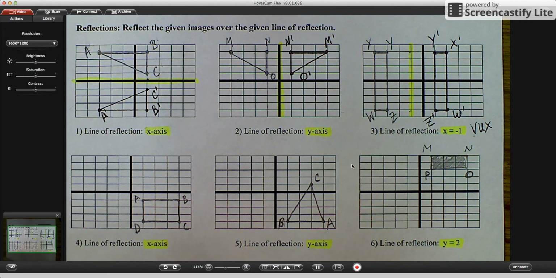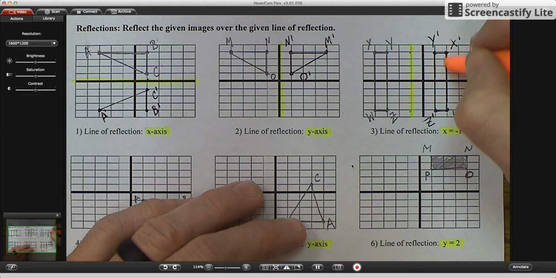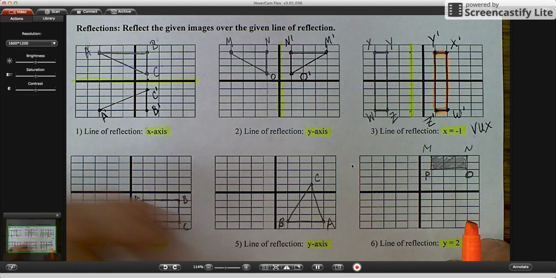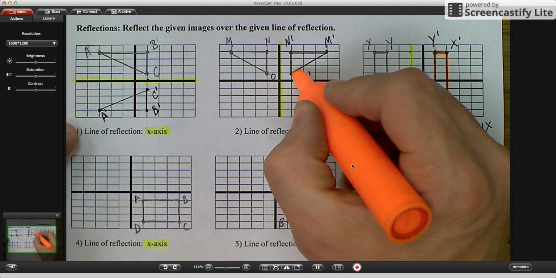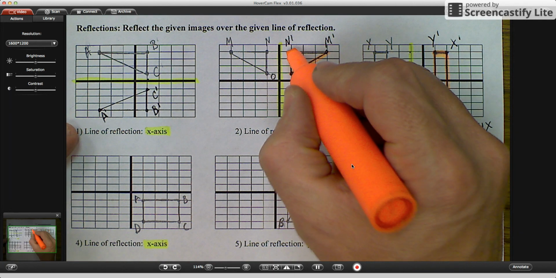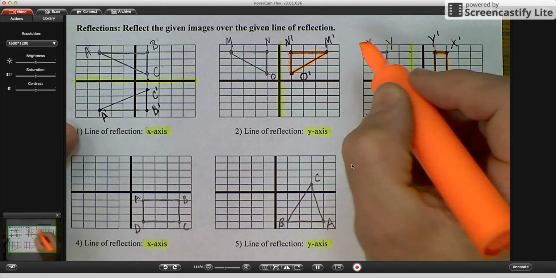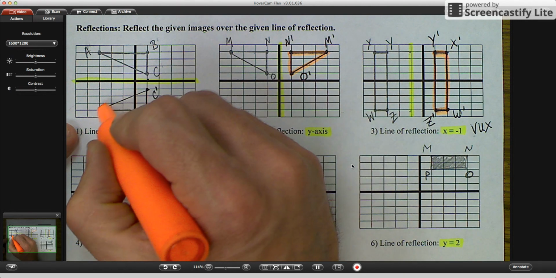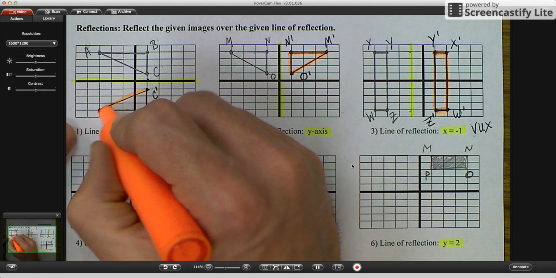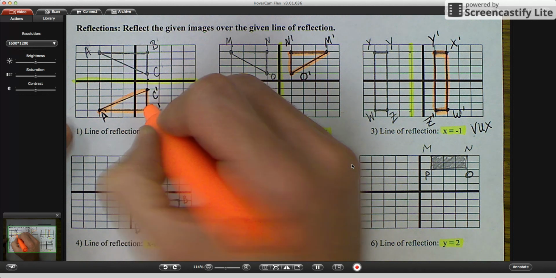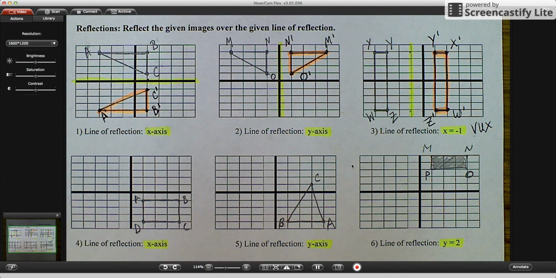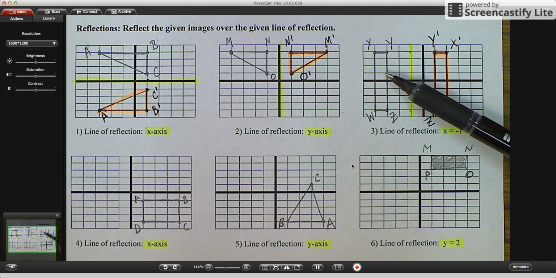And what I'm actually going to do is I'm going to take an orange highlighter and I'm going to highlight the reflected image for M and O and for A, B, C.